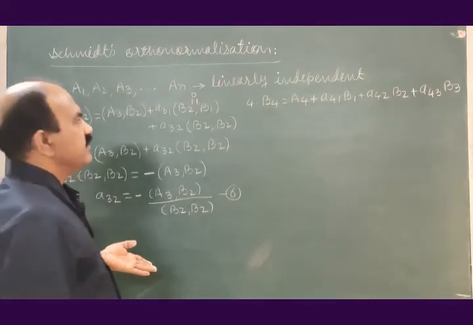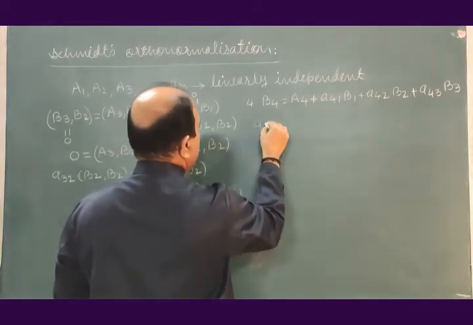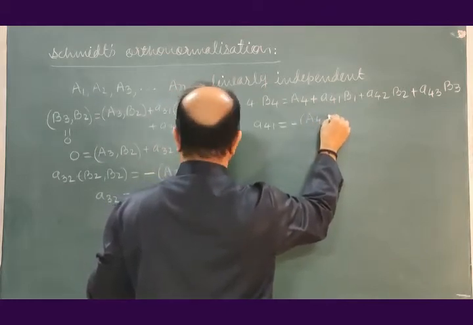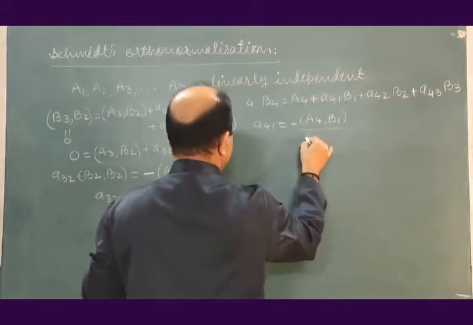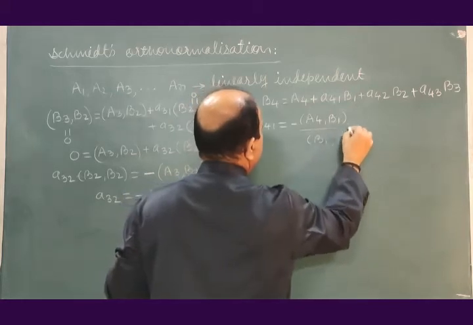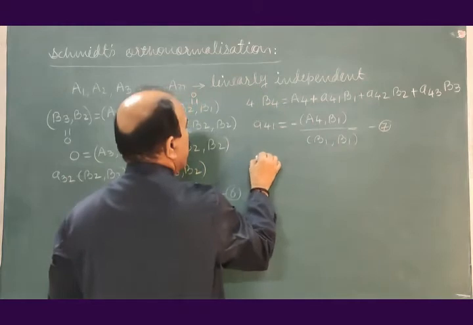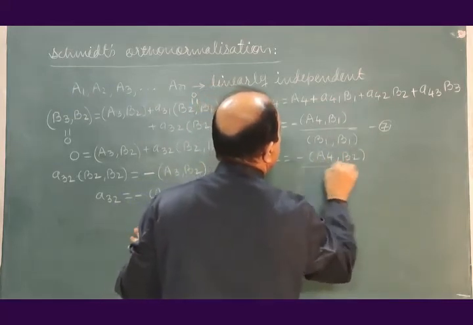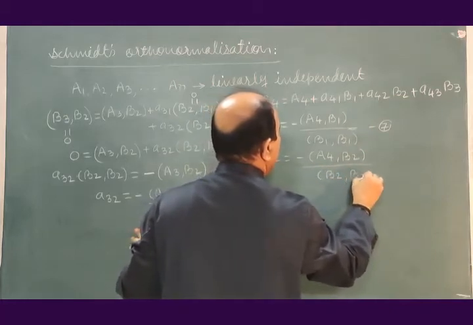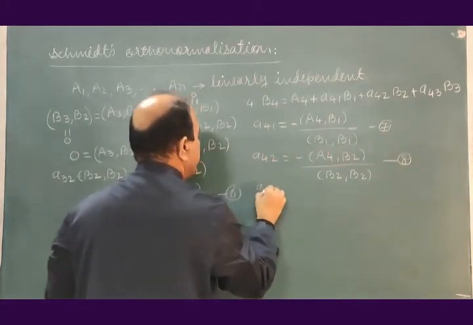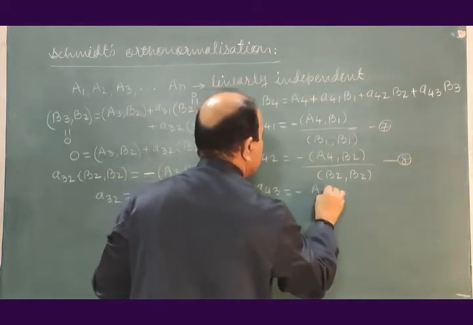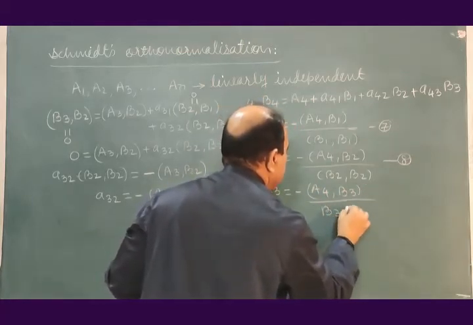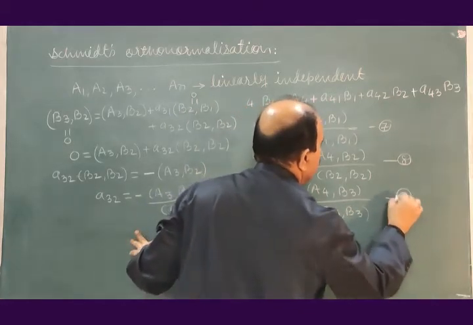We shall repeat the same thing, so that we will get a41 is equal to minus a4 comma b1 divided by b1 comma b1, equation number 7. a42 is equal to minus of a4 comma b2 divided by b2 comma b2, equation number 8. a43 is equal to minus of a4 comma b3 divided by b3 comma b3, equation number 9.